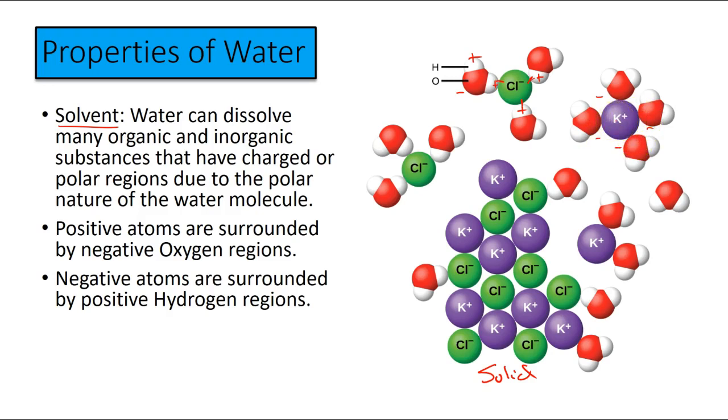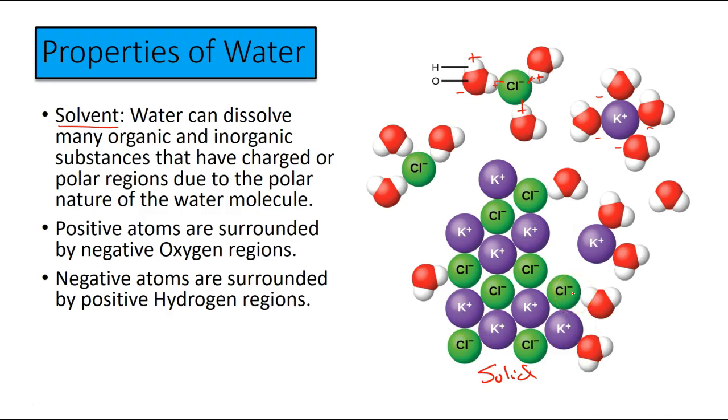These water molecules are going to keep this ion suspended and keep it from attaching itself to the solid mass, which gives the appearance that this solid has disappeared because it is not in solid state anymore.